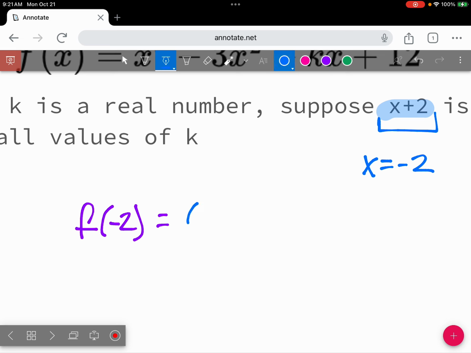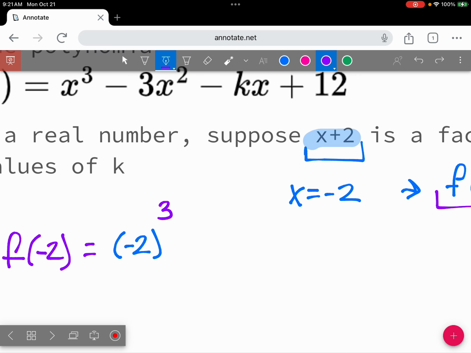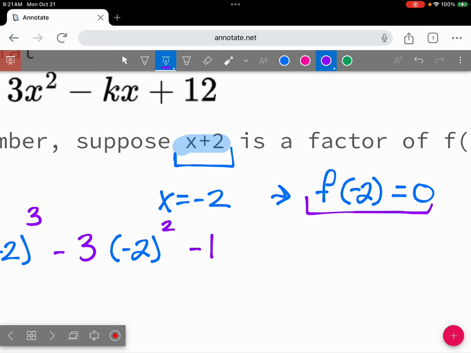So we're going to take our negative 2 cubed minus 3 times negative 2 squared minus k times negative 2 plus 12.